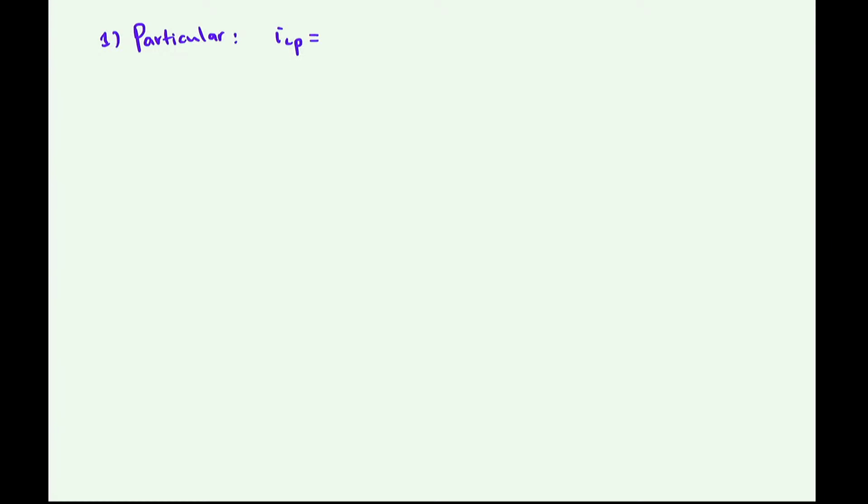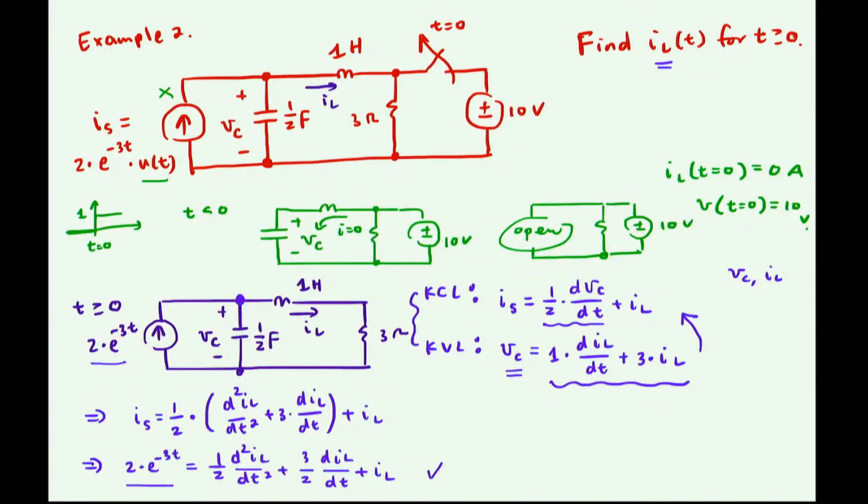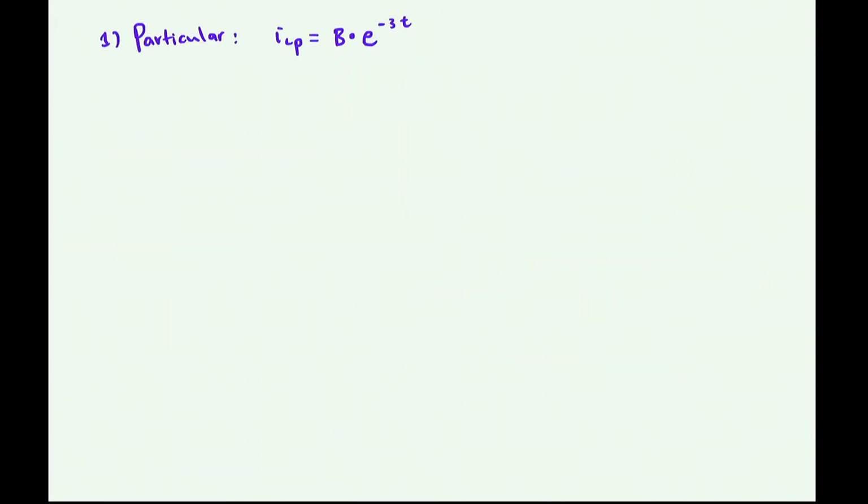So assume it's B, a constant, times exponential minus 3t, and then we put it in the previous second order differential equation. Assume it has the same exponential form and substitute it into this equation. The first term is 1/2, and IL is differentiated twice, so it's -3 times -3.